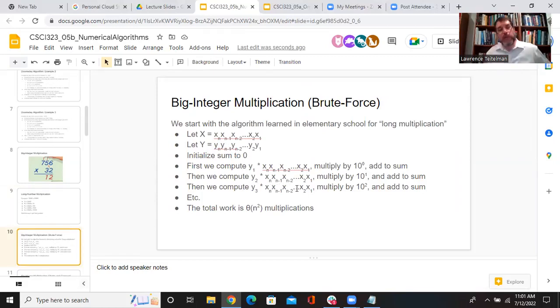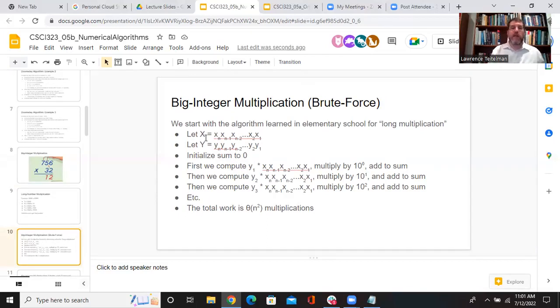So how much work is being done in terms of multiplications? Let's break it down. How many multiplications when I take this Y1 and multiply it by all these little X's? N, right?